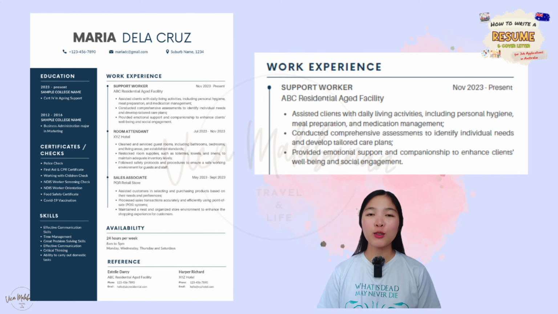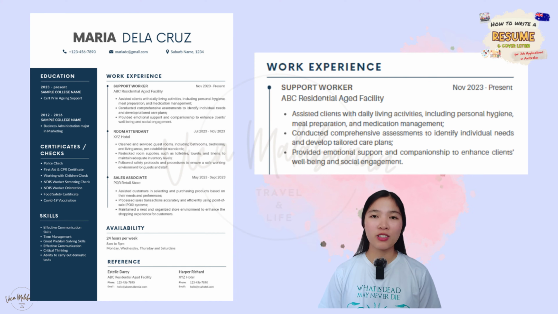Under that, include 2 to 3 main duties and responsibilities in bullet form. It's better if you can provide quantitative information such as percentage, timeliness of the projects, or accomplishments or achievements that added value to the company. You can highlight your exceptional accomplishments as long as you can back it up with an award or certificate.